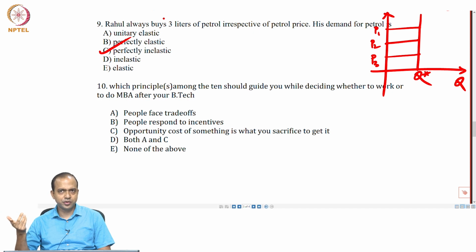That particular principle is not applicable here because there are no incentives that we are talking about. Option C says the opportunity cost of something is what you sacrifice to get it.